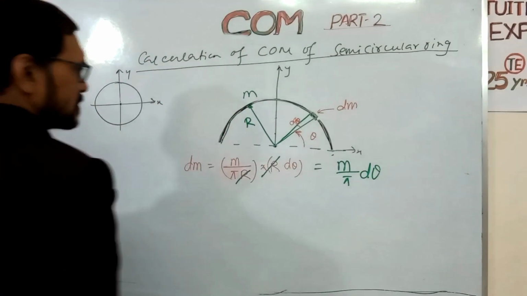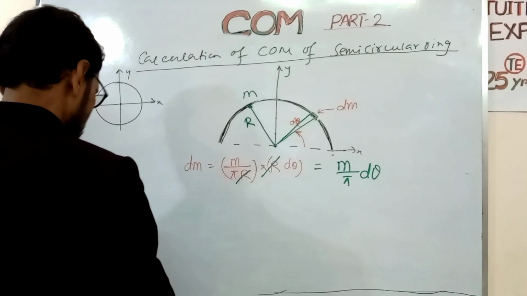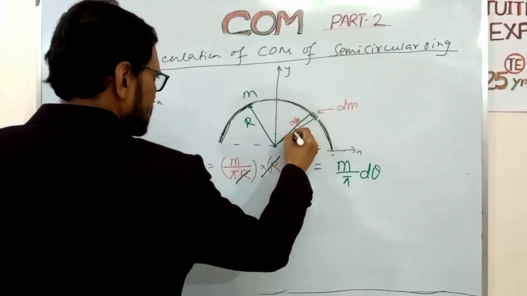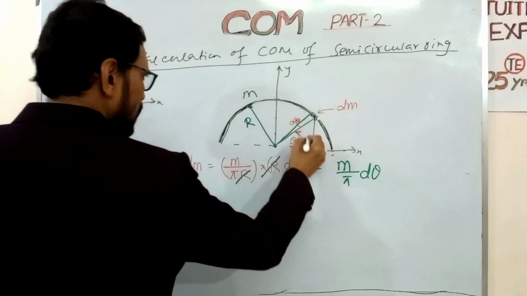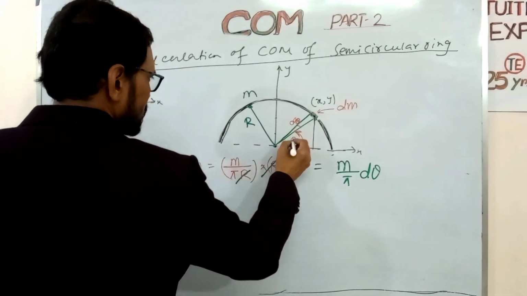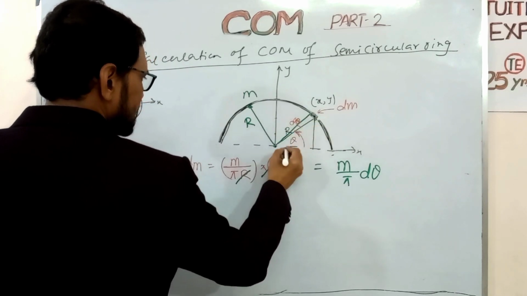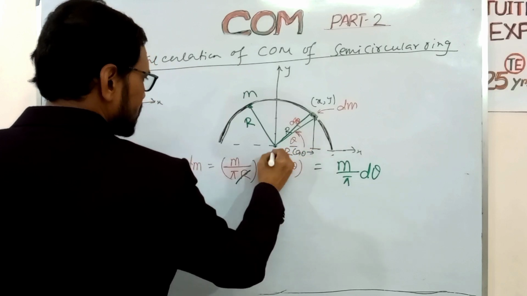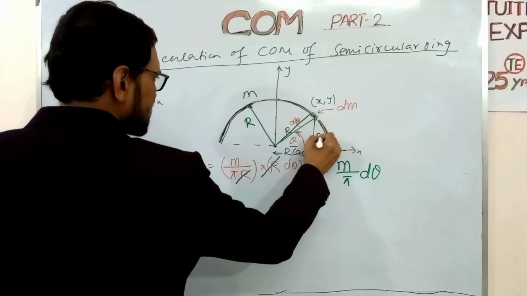Now this is theta. What is the coordinate of this element, x and y? This is theta, this is r, then x equals r cos theta, and this is r sin theta.